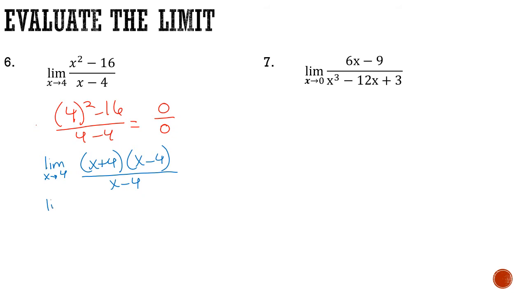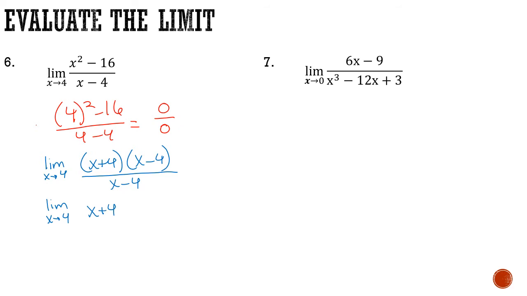Okay, I can simplify that. Still have the limit as x approaching 4. But x minus 4 in the numerator and denominator will cancel, and now it simplifies to be x plus 4.